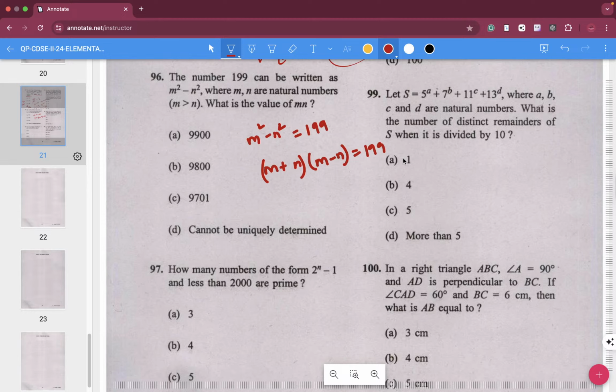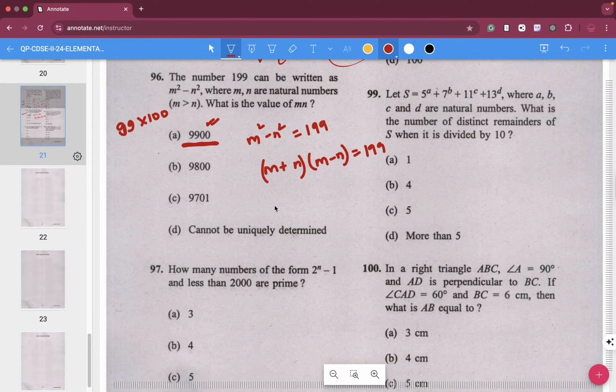Now how can we solve this? If you look at this first option, does this option not look a little bit suspicious? How can you get 9900? You can get 9900 by doing 99 into 100, isn't it?